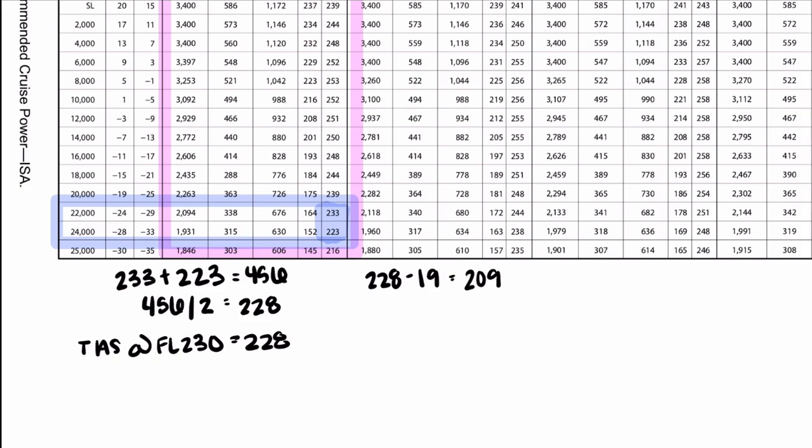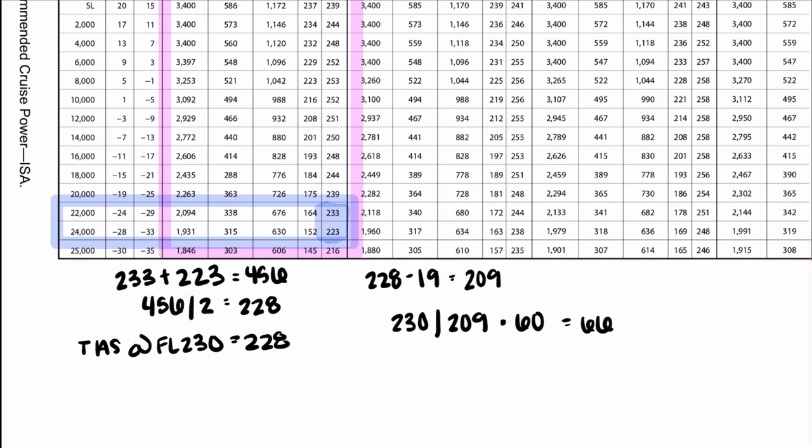So I'm taking 230 divided by 209, and then I'm multiplying that number by 60. So we pull up our calculator here, and I'm taking 230 divided by 209 times 60. That's going to give me 66 minutes.